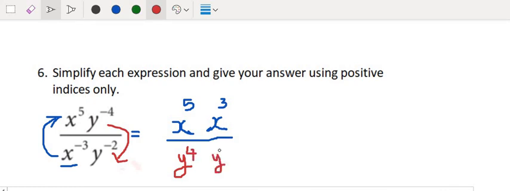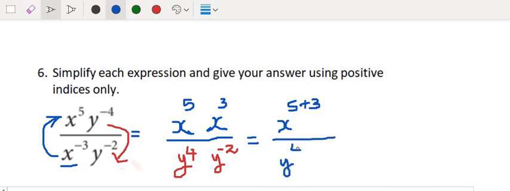y power minus 2. So you can see in the numerator we have x power 5 and x power 3, you have the same base x, so we can add the powers. It can be written as x power 5 plus 3 divided by y power 4 minus 2.